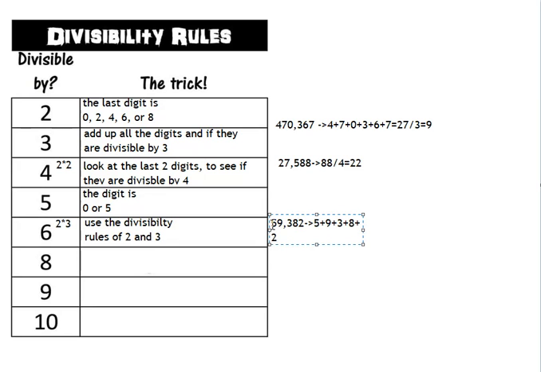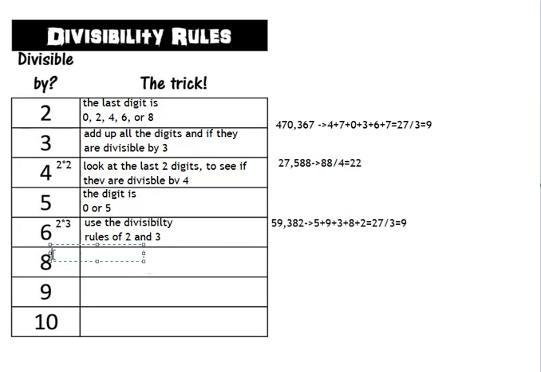When you do that, you're going to get, I'm adding them up right now. You get 27. And you know that 27 is divisible by 3 because it is going to be 9. So you know that it is divisible by 6, okay?